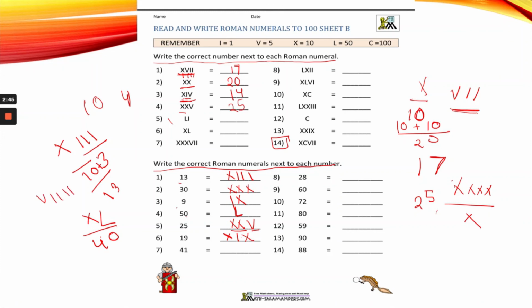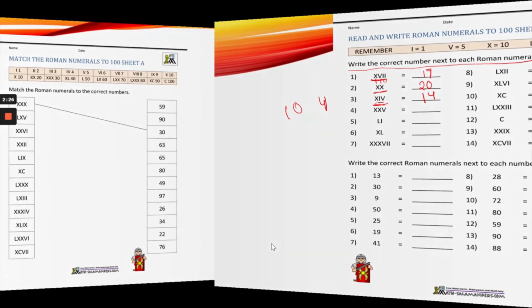We can write it only 3 times. So we can minus 1 from 10. So it is 9, and 10 plus 9 is 19. Okay, so from 7 to 14, 7 sums you can do at your home.